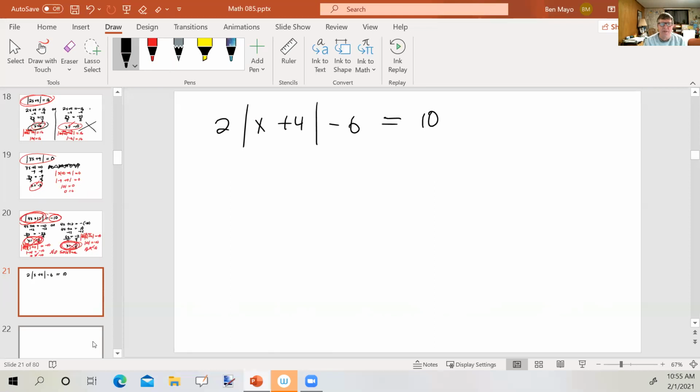Before we split this up into the two equations that I've been doing, we need to isolate the part of the left side of this equation that is just the absolute value. So I need to get rid of the minus 6, and I need to get rid of that 2 multiplier out front first. So I'm going to add 6 to both sides.